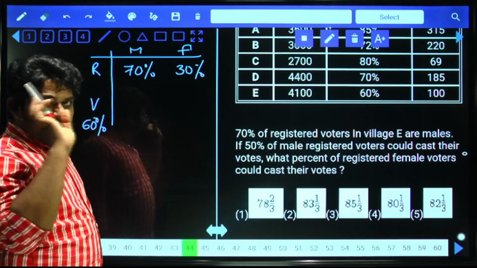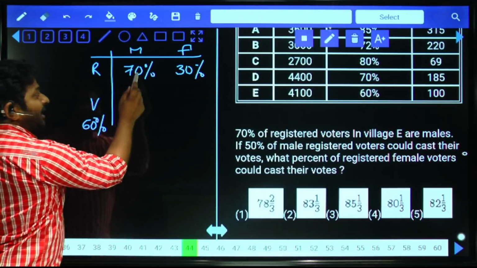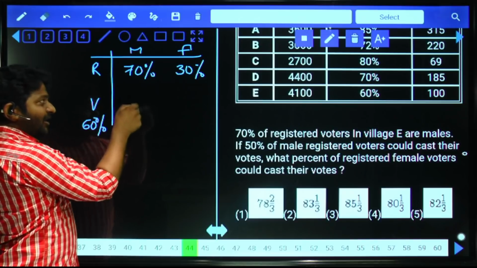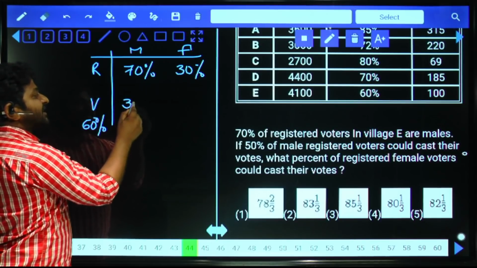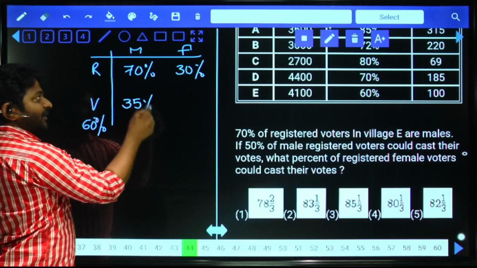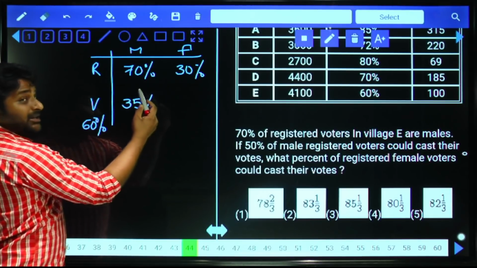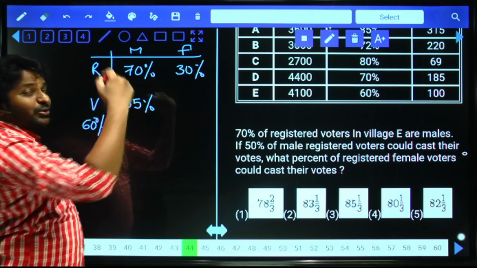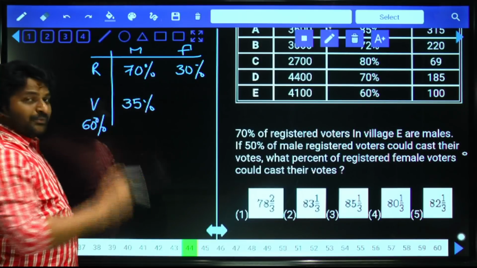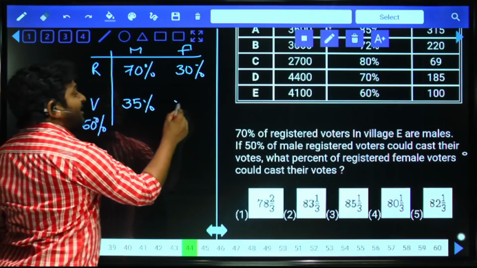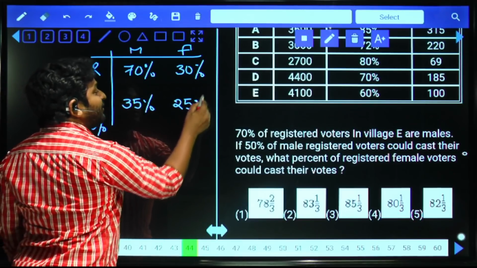I'm talking only in percentages. Among males, 50% have already voted, so this is equal to 35, half of this number, 50%. Male voters who cast their vote plus female voters who cast their vote, total should be equal to 60. For 60, here we have to add 25.